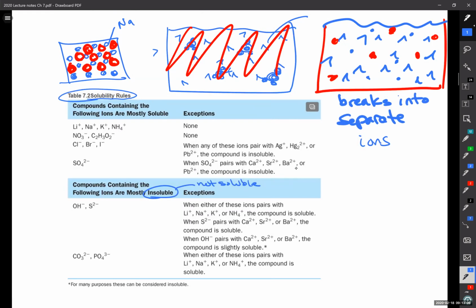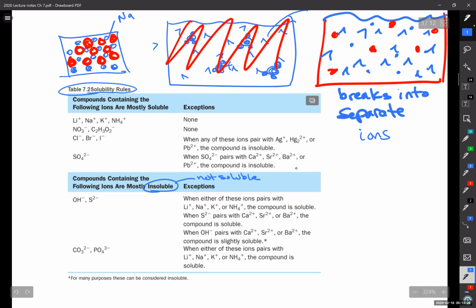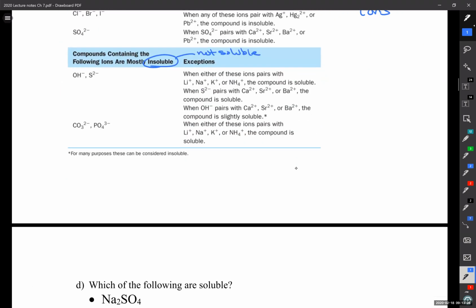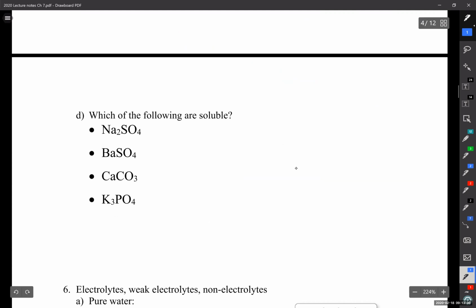And then there's exceptions. When sulfate pairs with calcium, strontium, barium, or lead, the compound is insoluble. Like literally they took all these compounds and tried to dissolve them in water. They didn't dissolve. Hey, those are insoluble. That's not rocket science. It's all empirical, which means they did experiments and they figured it out. So this one's soluble.